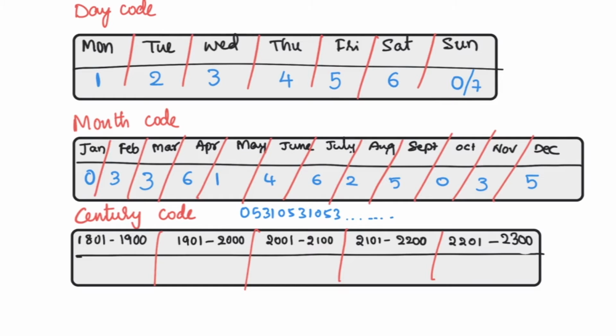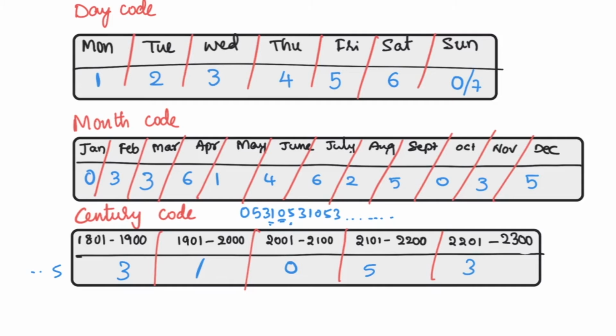And the present century code is 0. From 2001 January 1st to 2100 December 31st, the century code is 0. And before 0, it should be 1. For the previous century, the code was 1. And before 1, it was 3. And before 3, it was 5. And it continues. And for the next century, after 0, it is 5.